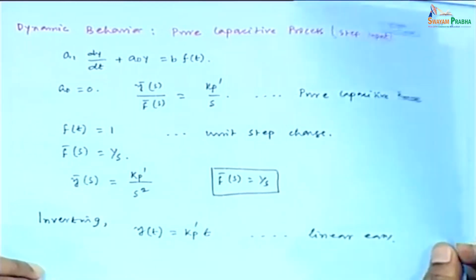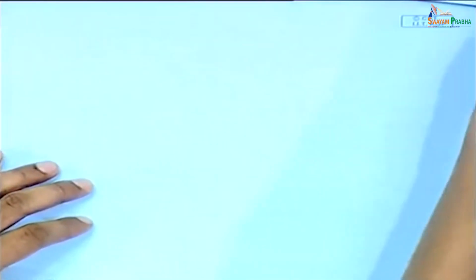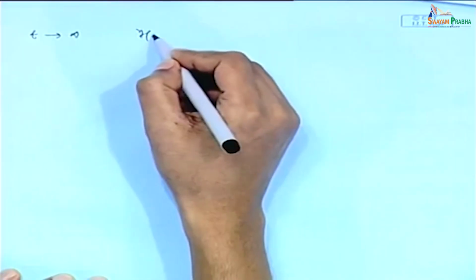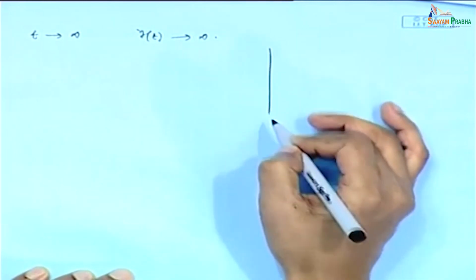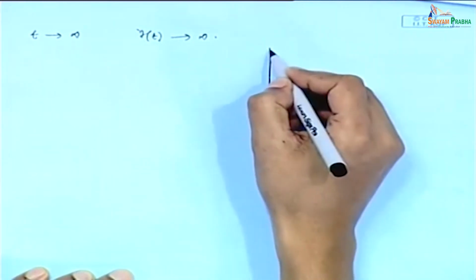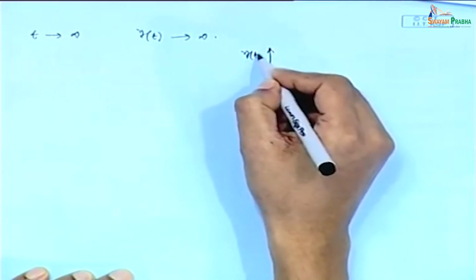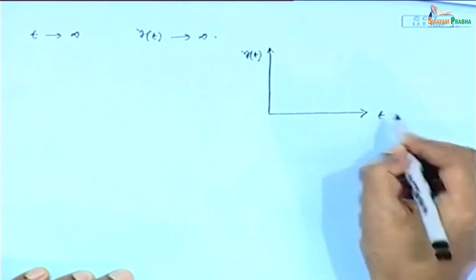Now, we will represent it graphically. If we consider t tends to infinity, what happens? y(t) tends to infinity, fine. So, this is y(t) and this is time t.